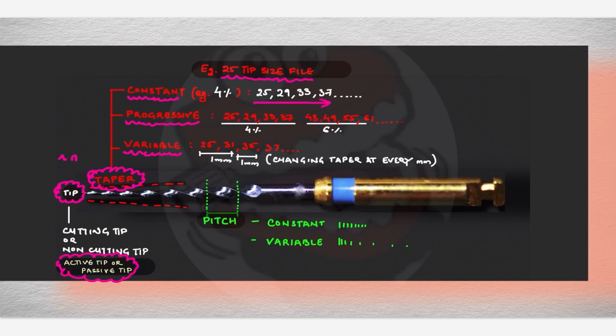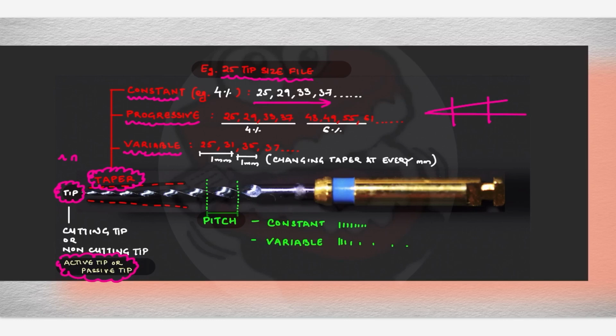What we now understand by the progressive taper is that suppose we consider a few segments of the file. Suppose we divide the file into a few segments, like the initial 5 millimeters, then the middle 5 millimeters, and thereafter again 5 millimeters. So suppose we divide it into 3 segments.